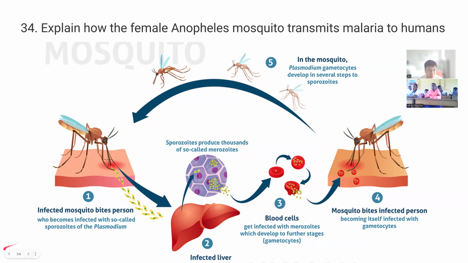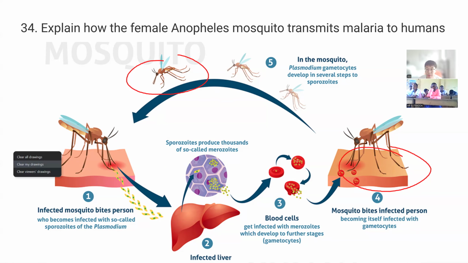You can see that both the mosquito and humans can be the holders of malaria. So humans can have malaria and mosquitoes can have malaria. And mosquitoes transmit it to another healthy person as it bites another person.